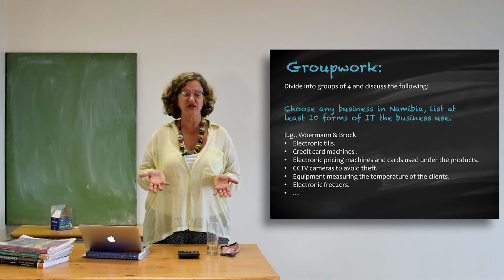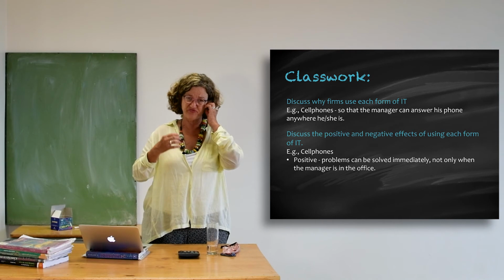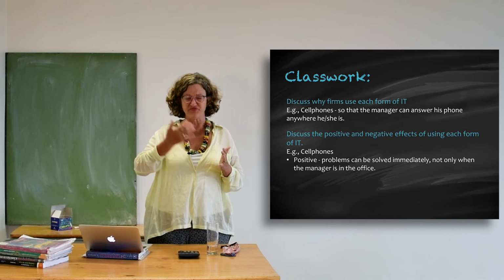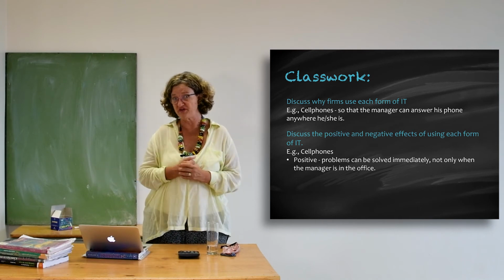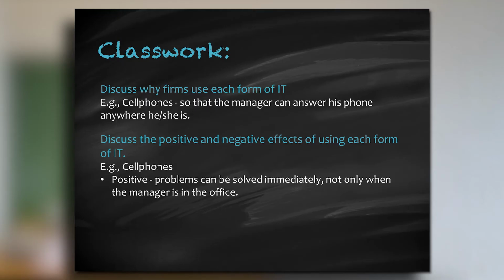Now my next topic that you must discuss with the class: each of the different forms of IT which we have mentioned in the previous slide. So if we take again the example of a cell phone, what are the effects of that? The positive effect is that problems can be solved much quicker.